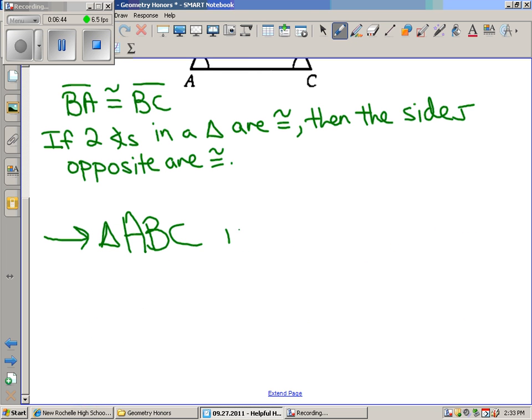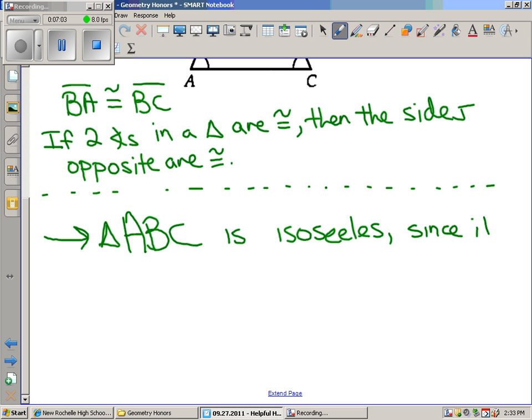Triangle ABC is isosceles. Sorry about that. This should go on your sheet. You'll see something like that: is isosceles since it has two congruent sides.